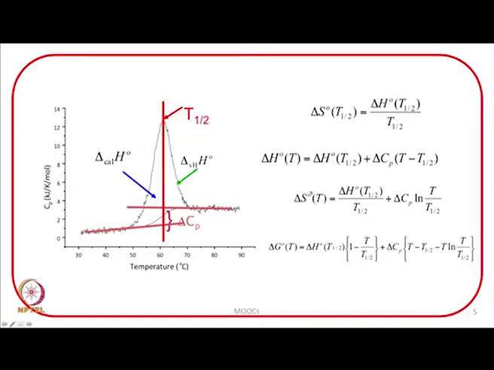Now you see these three equations. They will give you the temperature dependence of enthalpy, entropy change and free energy change. And these three equations are very important when you talk about folding-unfolding transitions in proteins.